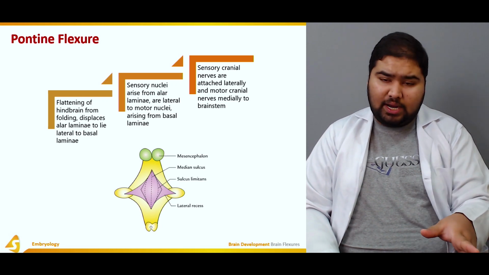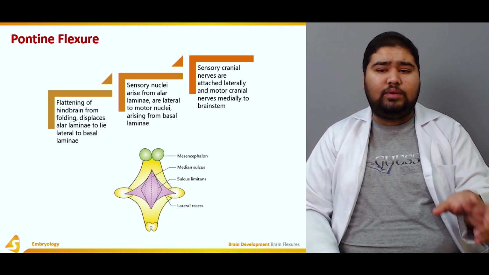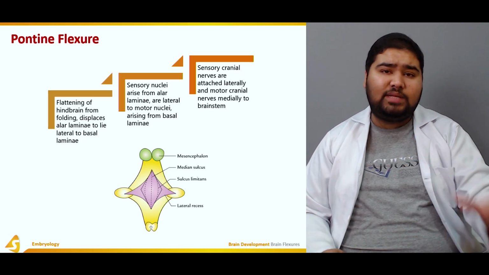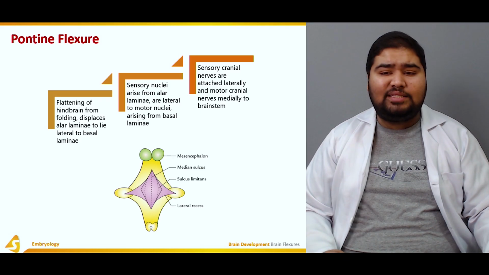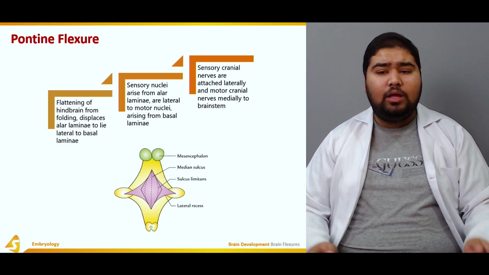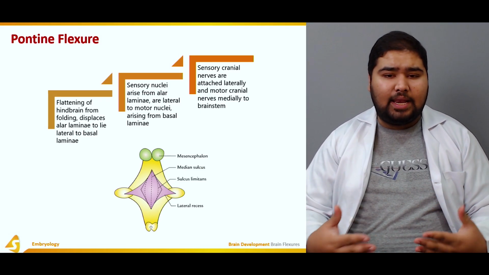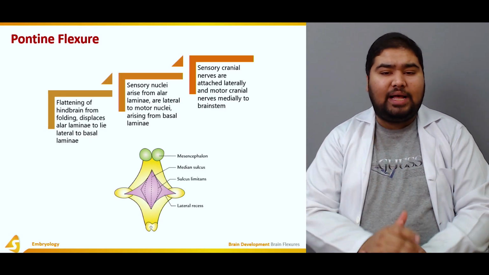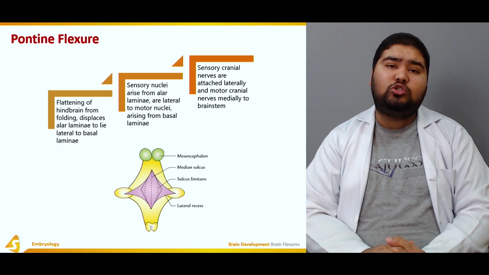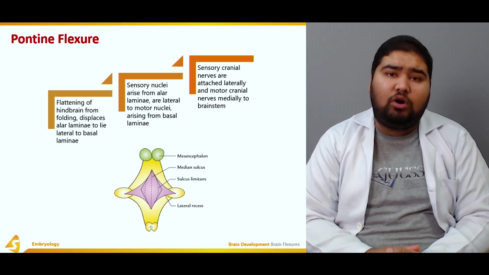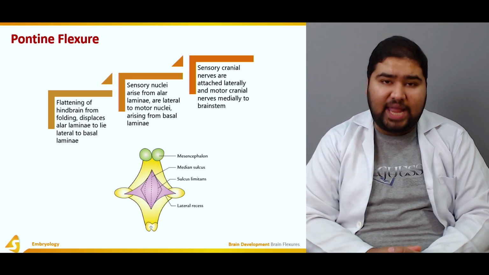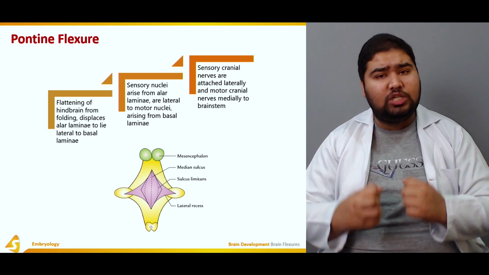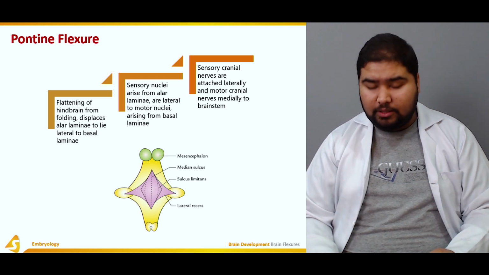Now, the sensory cranial nerves, which arise from the sensory nuclei, are lateral as compared to the motor nuclei, which arise from the basal laminae. So the arrangement of the alar as well as the basal laminae is also determined by the folding of the Pontine flexure. So a simple concept, you just have to grab it.